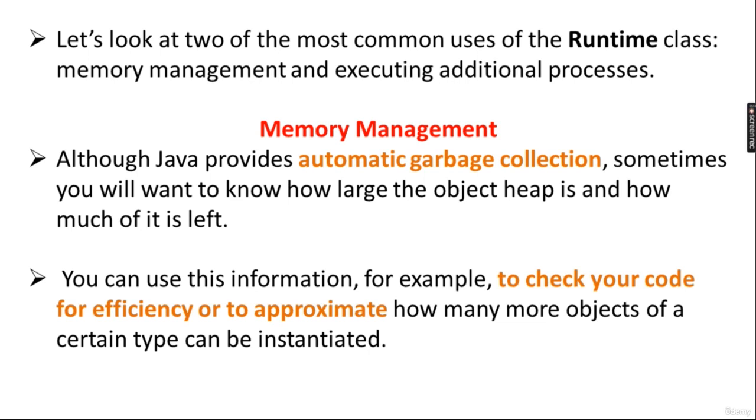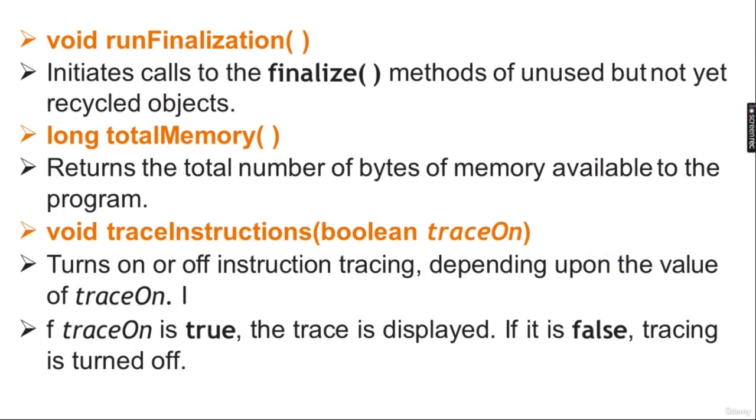If you know exactly how much memory is left, then you can decide whether you can create objects of some classes or not. So for that purpose, you may want to know exactly how much memory is left.